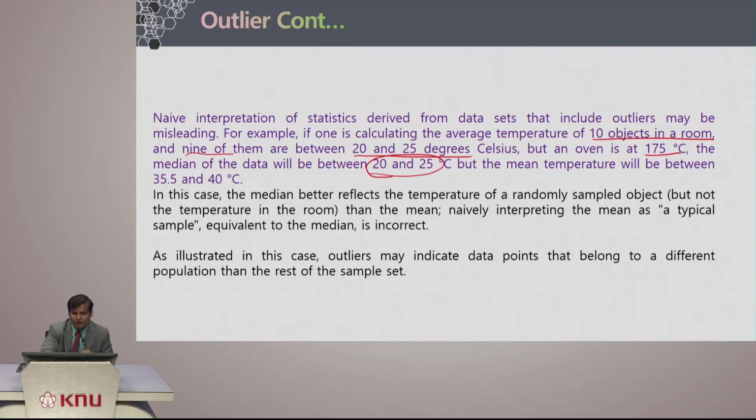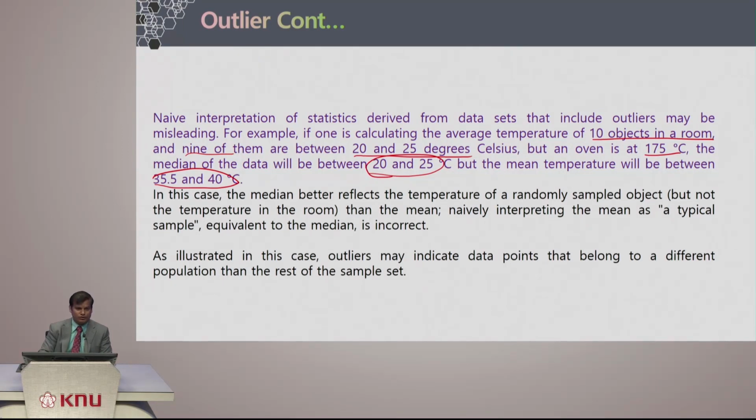But if you take the mean value, it will be around 35.5 to 40. So you can see the change that is happening. So it's always better to have a median that can reflect the temperature better in random samples, unlike the mean value.